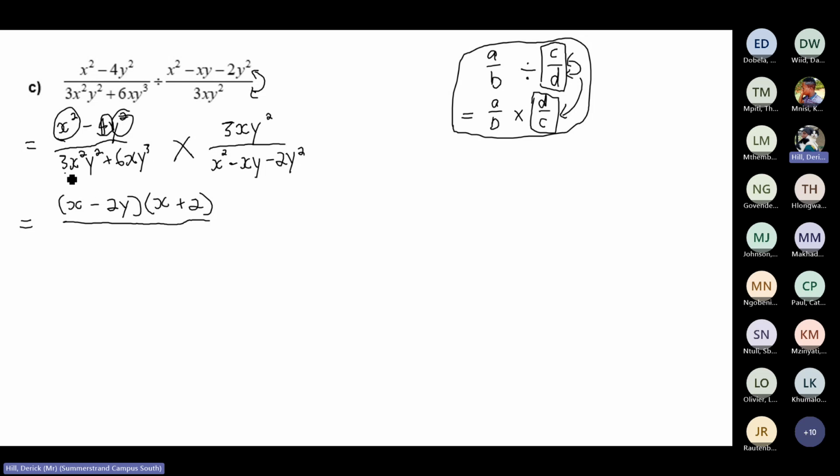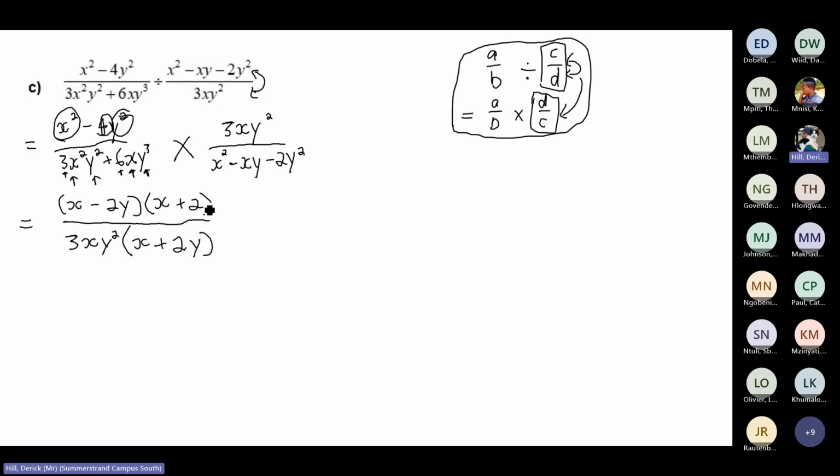We can see that 3 is a common factor, since 3 goes into 3 and 3 goes into 6. x is a common factor, and y squared is a common factor. So we have 3xy squared. We can pull that out, and we're left with an x plus 2y.